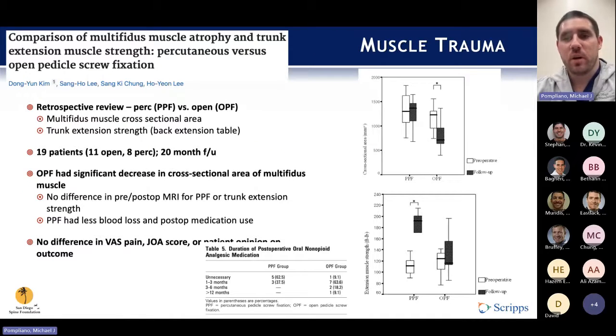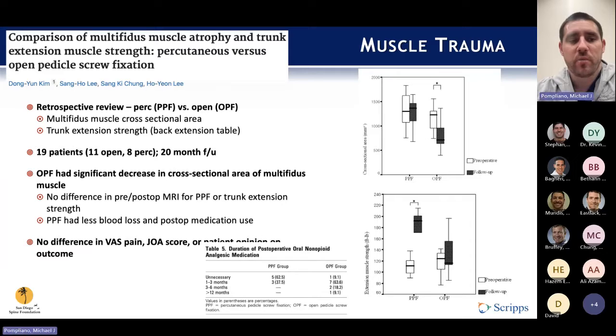So it's accurate, but is it worth it? Especially with the increased radiation exposure over longer careers. Got to make sure that it's better than what we're currently using. So the traditional posterior approaches involved a lot of muscle morbidity. So this looked at muscle trauma of open versus percutaneous techniques, specifically multifidus muscle atrophy and then trunk extension muscle strength.